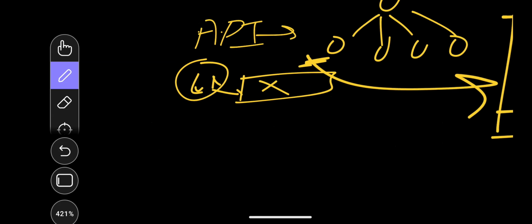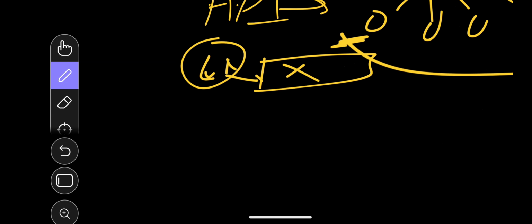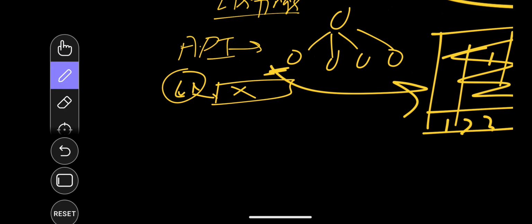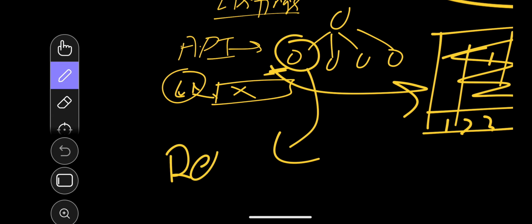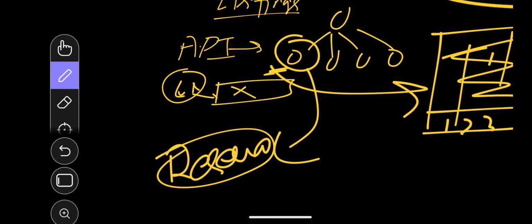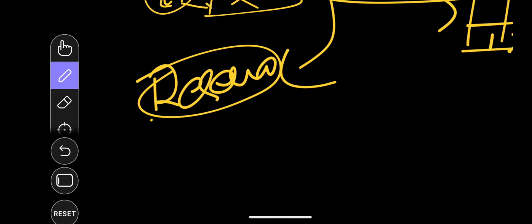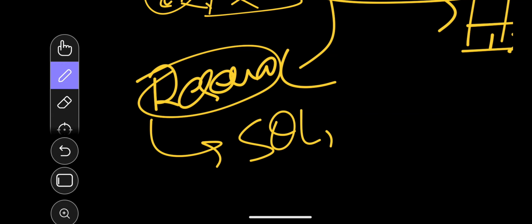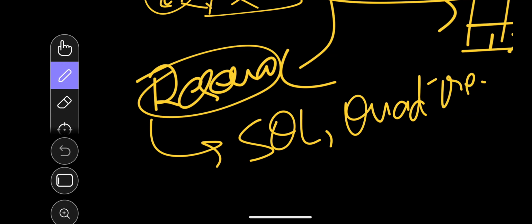So suppose you choose this particular house, and then you want to reserve it. Now this is the most important part, because these reserved listings will need to be reflected both in our SQL table and in our Quadtree, right?